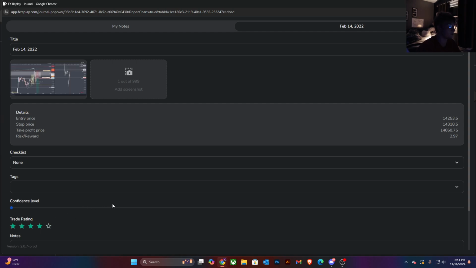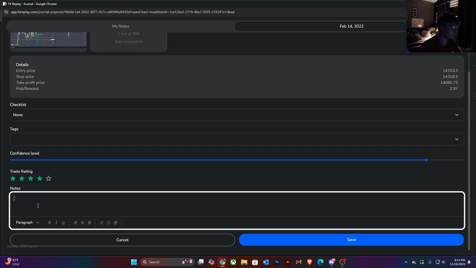I'll say pretty high confidence. Our time frame, delivery from London high SMT, delivery from 4-minute bears CISD, entry off 4-minute inversion with limit on 4-minute bears CISD, unfilled 1 hour fair value gap on NQ target.